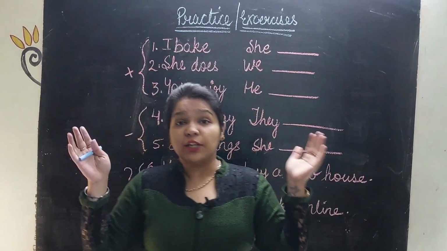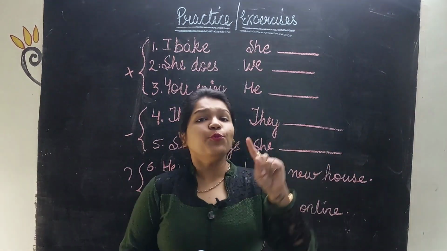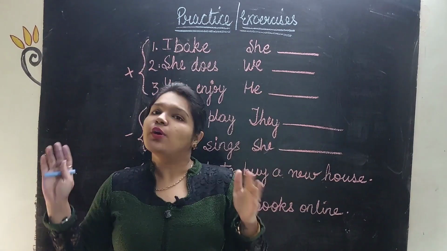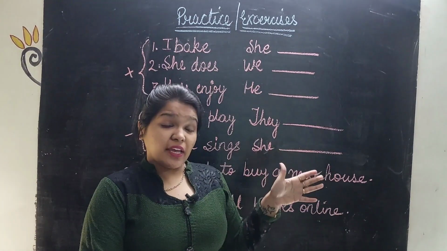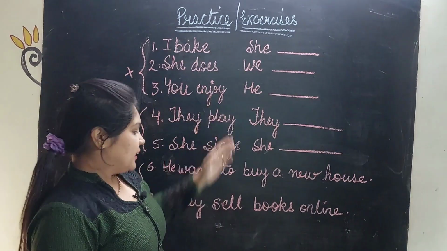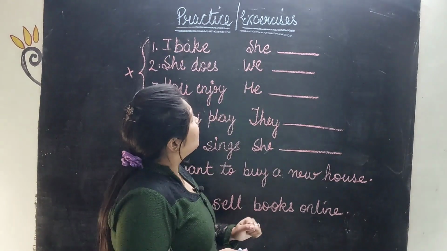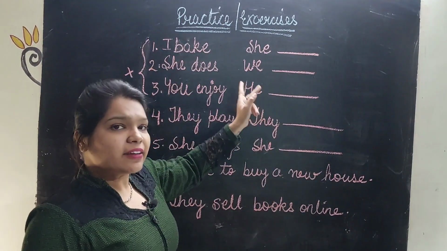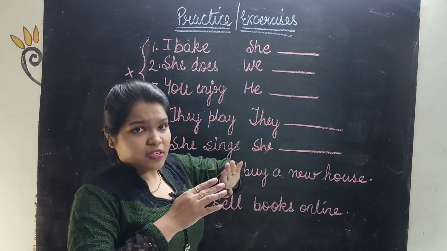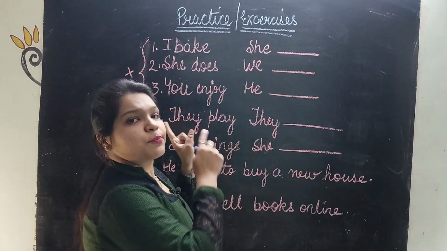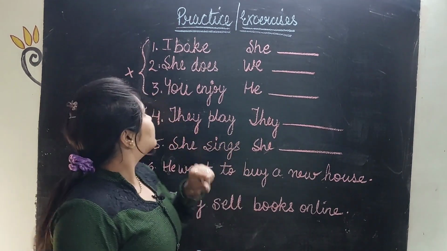We have been learning a lot. Now it's time to practice what you have learned, to revise it, to see the mistakes which you make and which you should not make. Let's do this exercise. Okay. Now first you tell me the answer, then I'll write the answers here. Just match it. If it doesn't match, then you can look at the full video again.